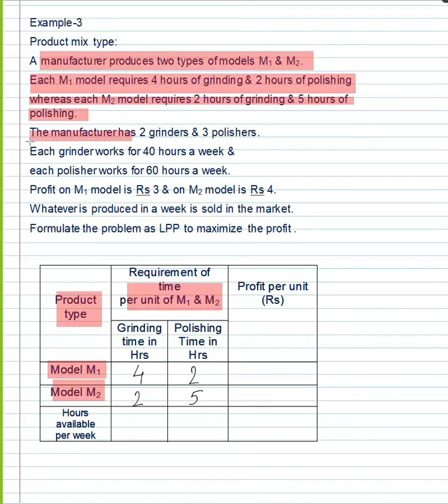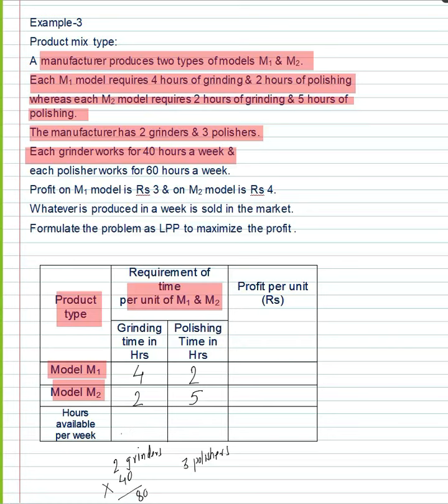The manufacturer has 2 grinders and 3 polishers. Each grinder works for 40 hours a week. So 2 grinders will work for 2 into 40, that is 80 hours in a week.